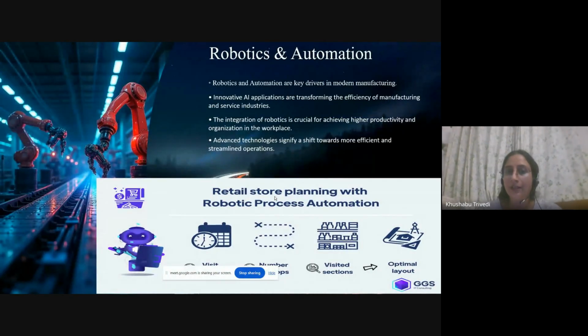Then robotics and automation: we already discussed robotic process automation, in which the customer's steps, the sections visited, and the current result are tracked. In the field of robotics and automation, we are using AI techniques and shifting towards more efficient and streamlined operations.